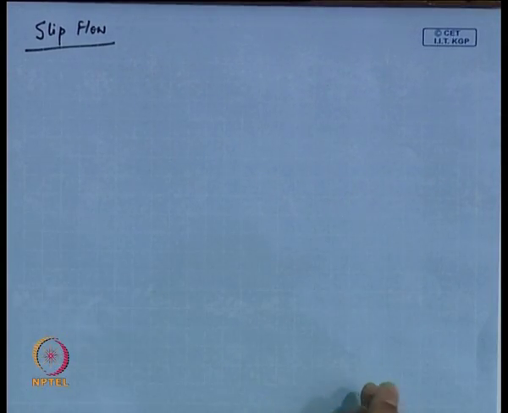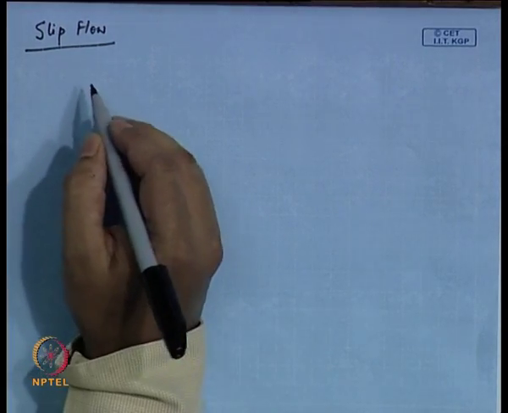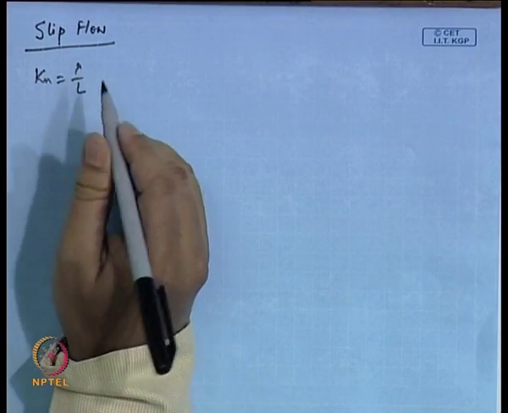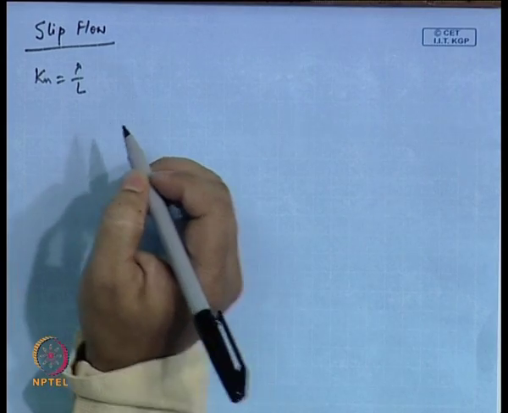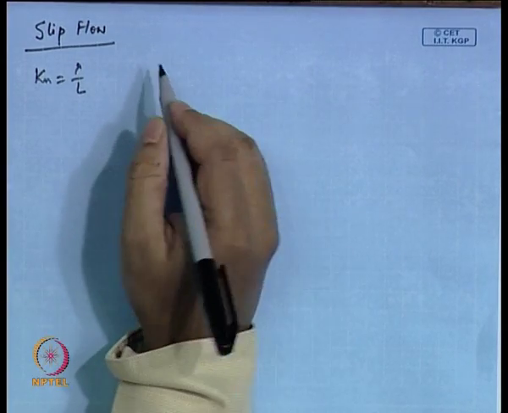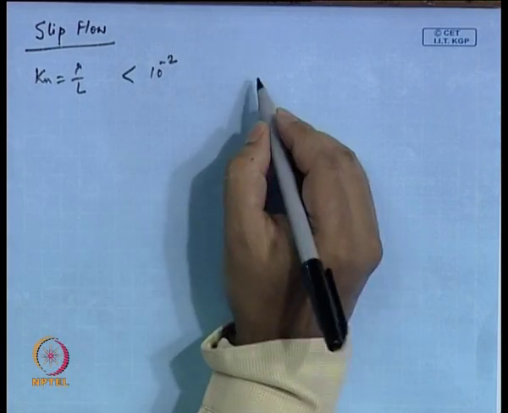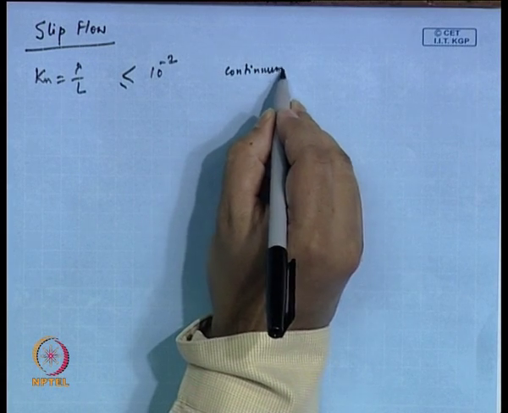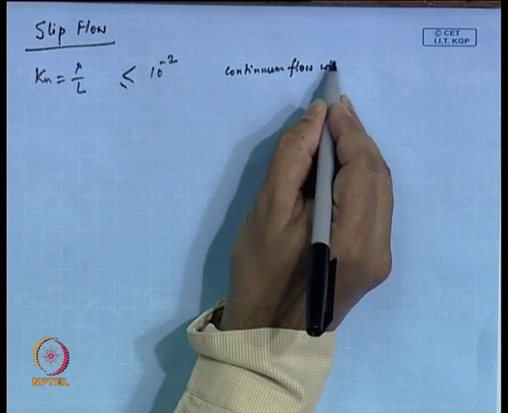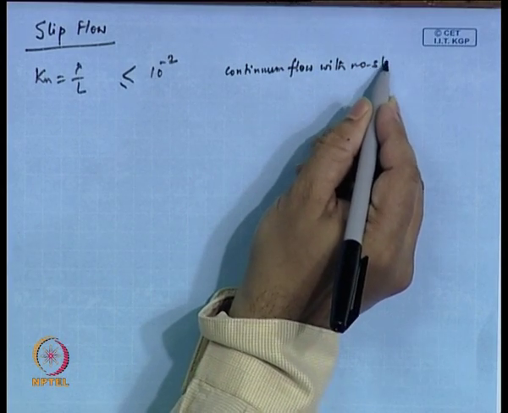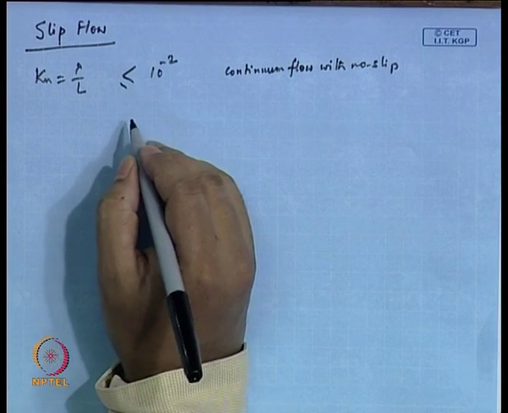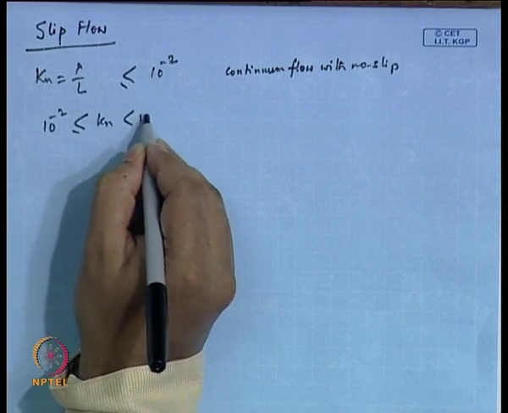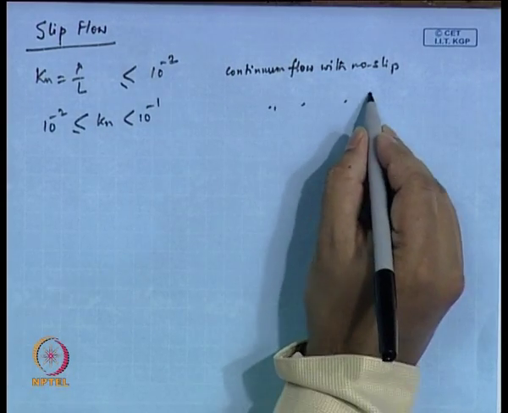What we said at the very outset is that, depending on the value of the Knudsen number, lambda by L, you can be in different regimes. If Knudsen number is less than 10 to the power minus 2, then it would be continuum flow with no slip, and if it is between 10 to the power minus 2 and 10 to the power minus 1, then it would be continuum flow with slip.